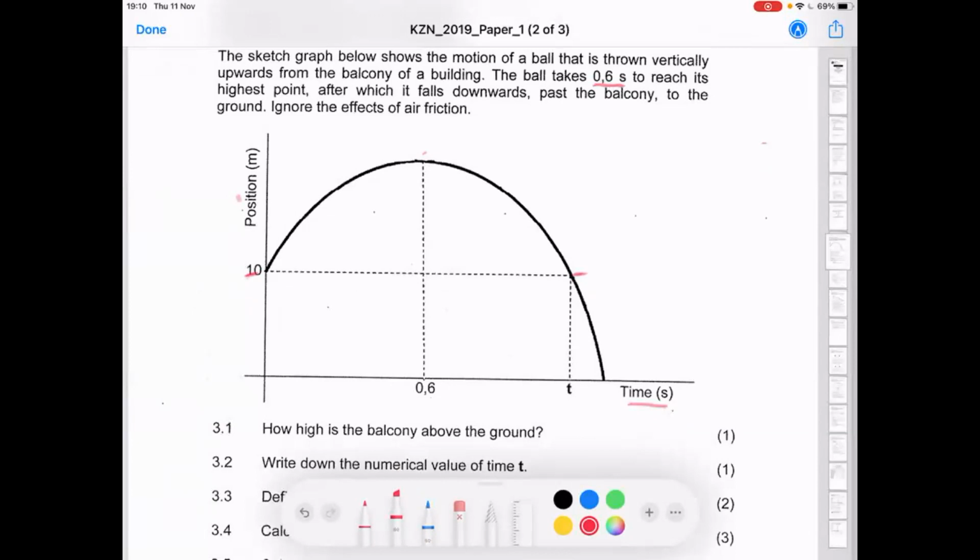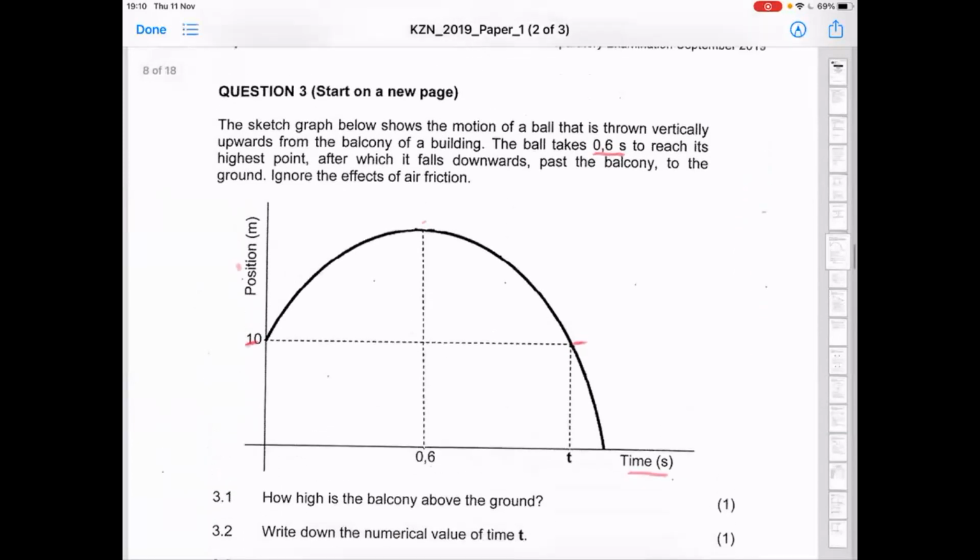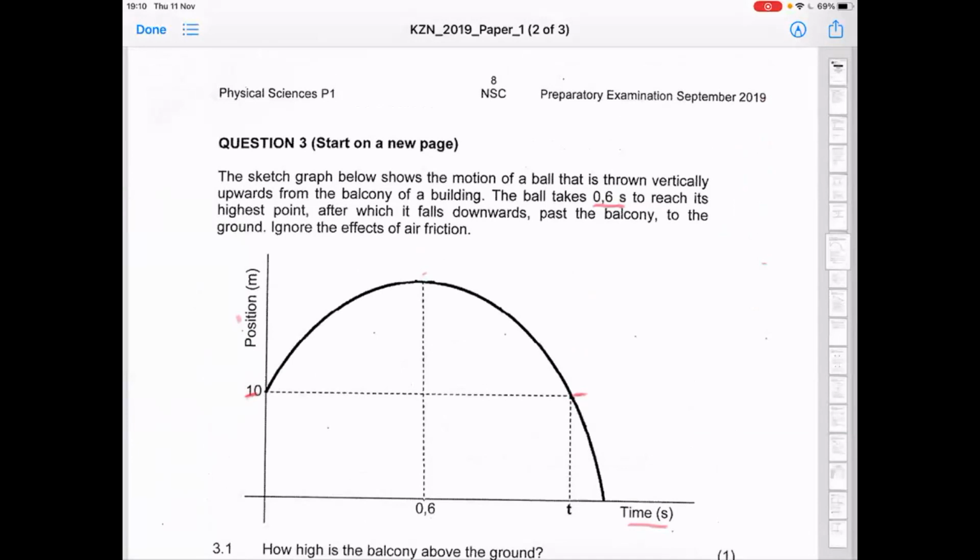Okay, so the first question is, how high is the balcony above the ground? It's for 1 mark, and they just told us that the ball is thrown upwards from the balcony of a building.